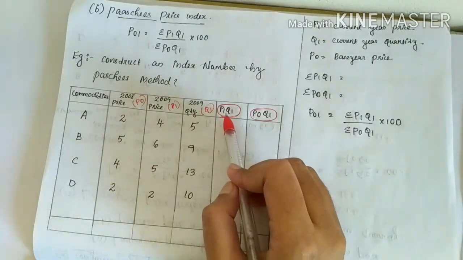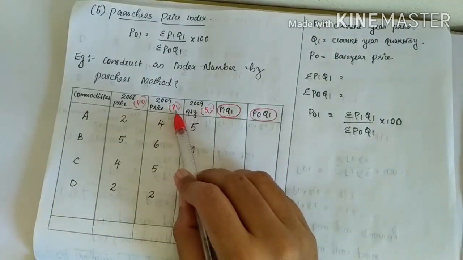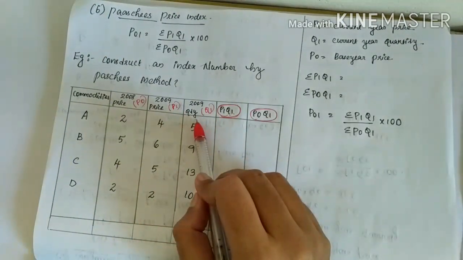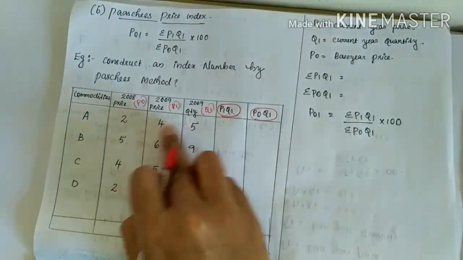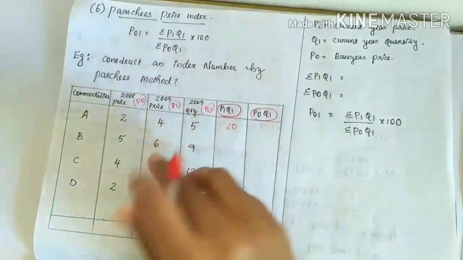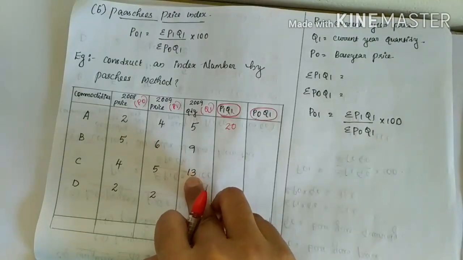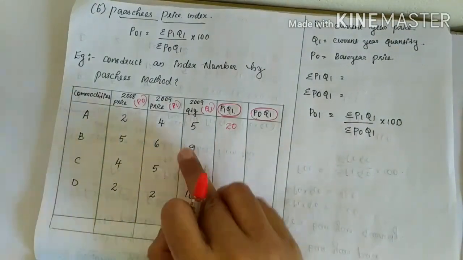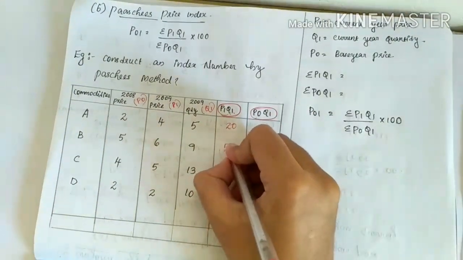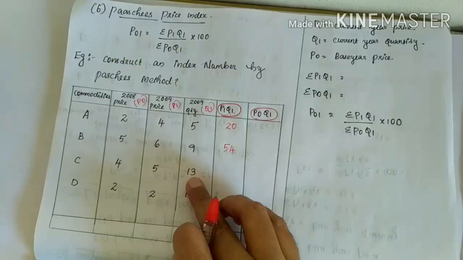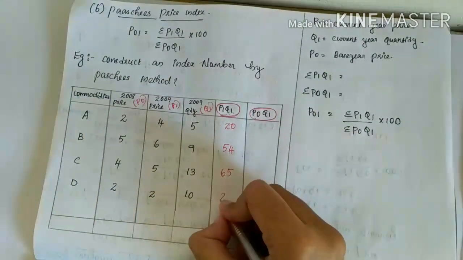Next step is to calculate P1 into Q1. P1 means current year price and Q1 means current year quantity. Here, 4 into 5, that is 20, 6 into 9 is 54, 5 into 13 is 65, and 2 into 10 is 20.